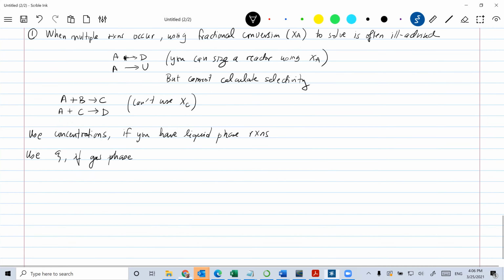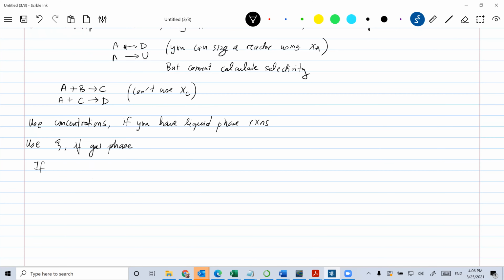You can also use molar flow rates. So you could basically keep your equation that way, right?